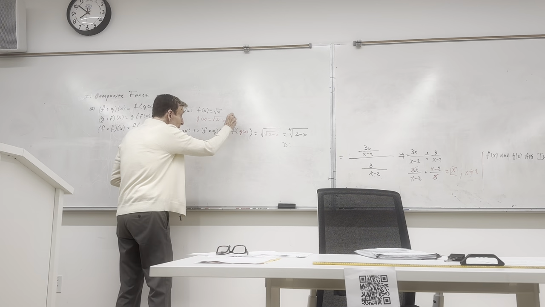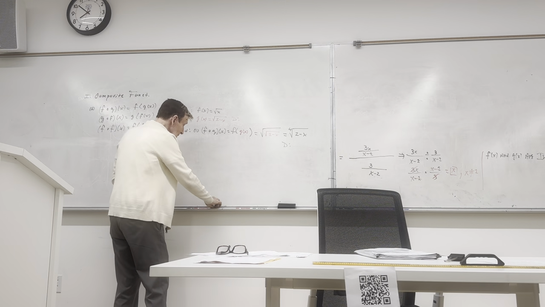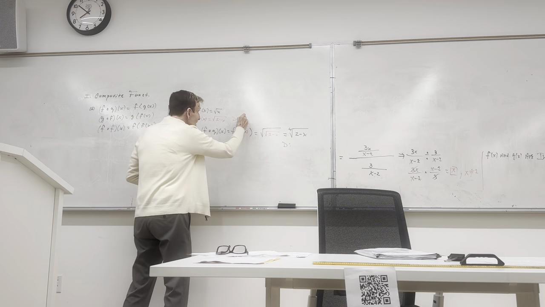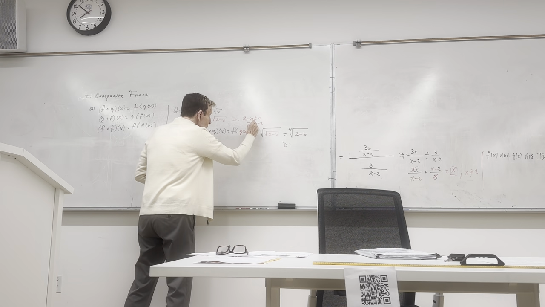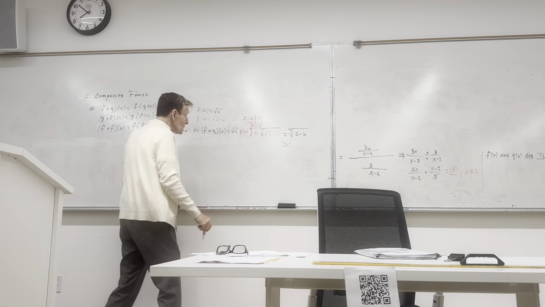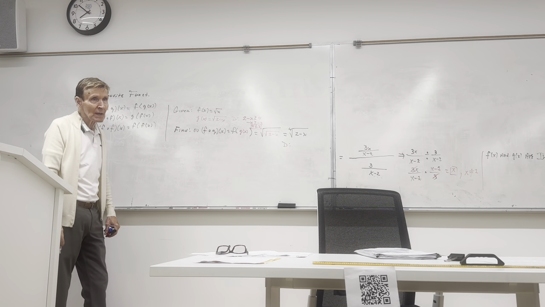Its domain would be, you gotta consider 2 minus x must be greater than or equal to 0. We'll solve this inequality. x is less than or equal to 2. There's my domain on the red one, if I made no mistake.